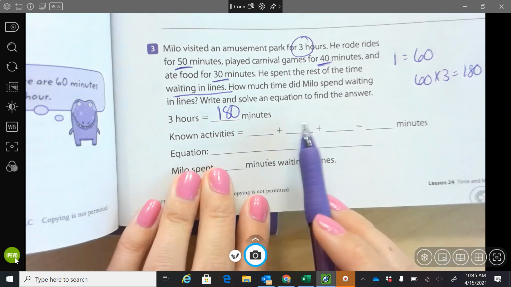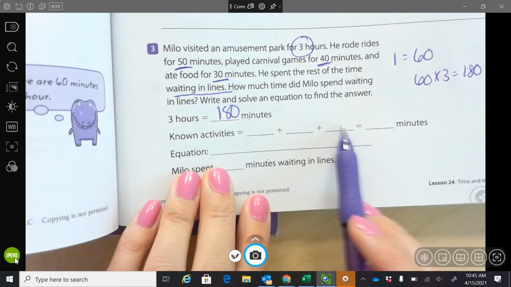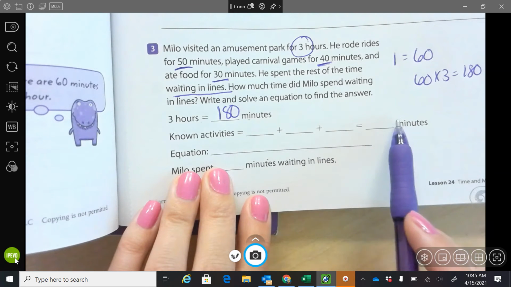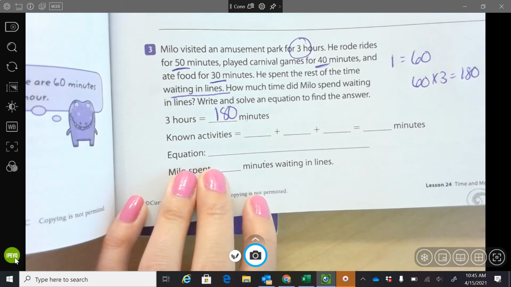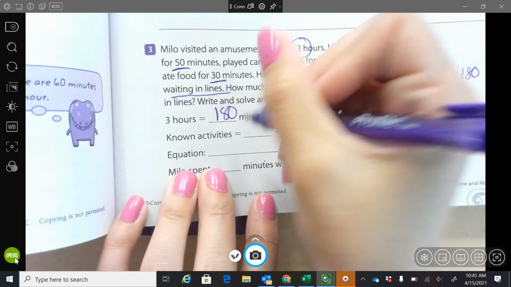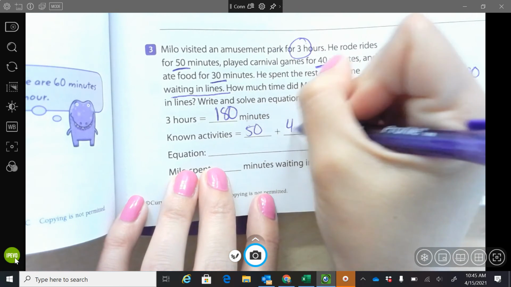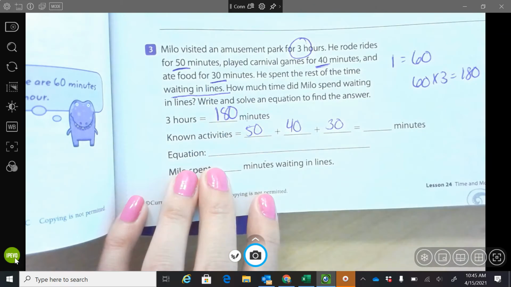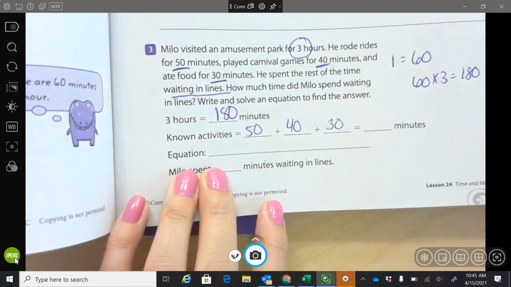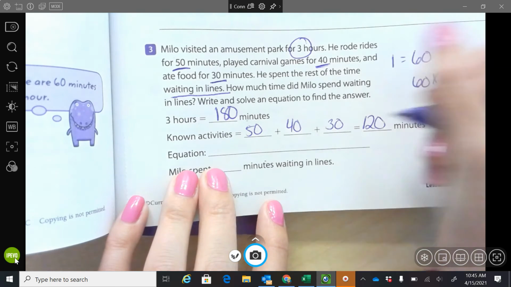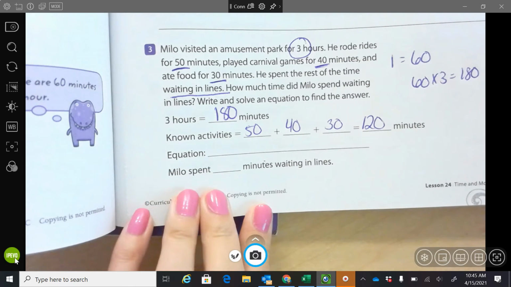Go ahead and fill in the 3 things that he did and find the total minutes that he spent doing those 3 things. Jack, what'd you get, bud? 120. Do you guys agree with Jack? Yeah. Okay.